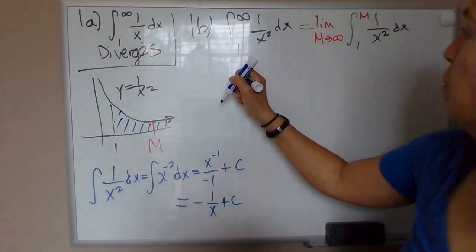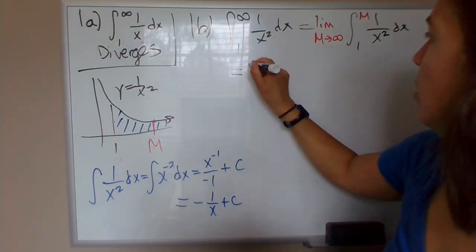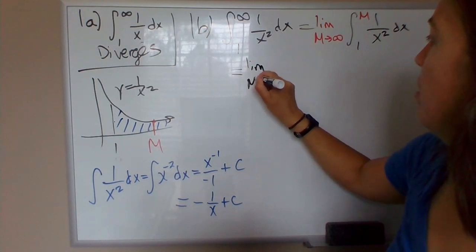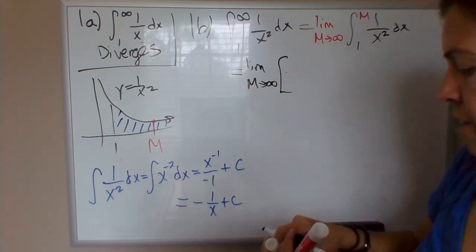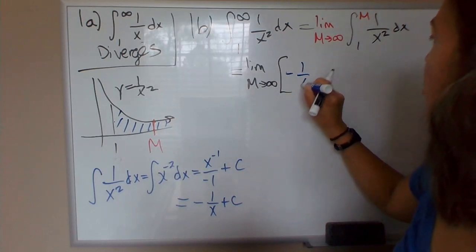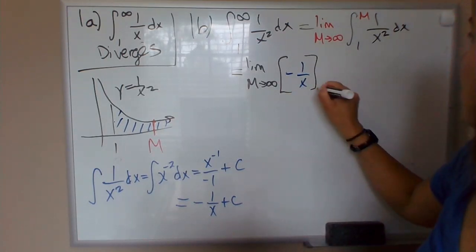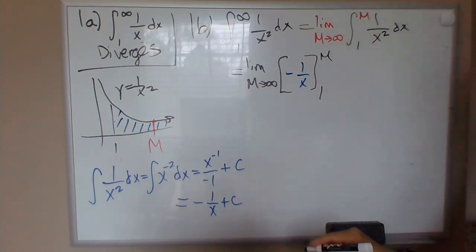So going back up here, what we're looking at is the limit as m approaches infinity of our antiderivative, negative 1 over x, as x goes from 1 to m.